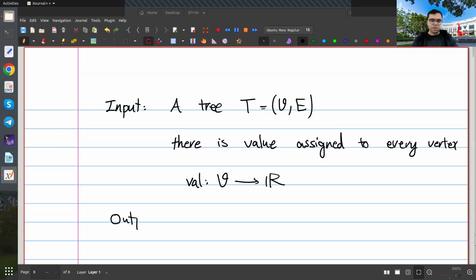Now in the output, I want to take some of my vertices so that I maximize the total value, but I cannot take any two neighboring vertices. So if I take a vertex, I cannot take its parent, and I cannot take any of its children. Okay? In the language of graph theory, this is finding an independent set. So I want to find an independent set with maximum total value.